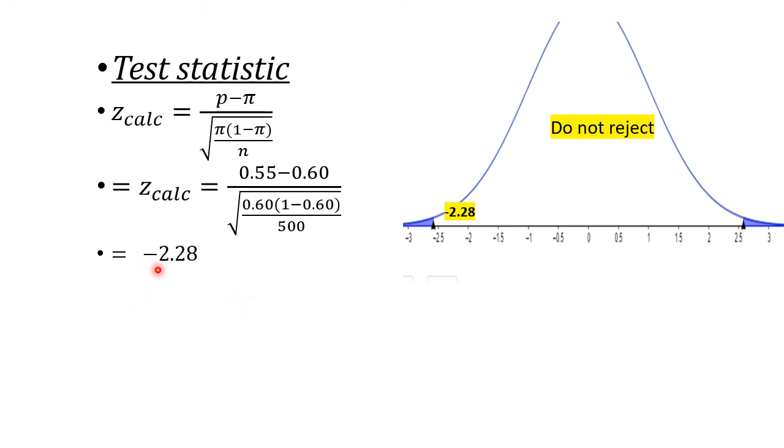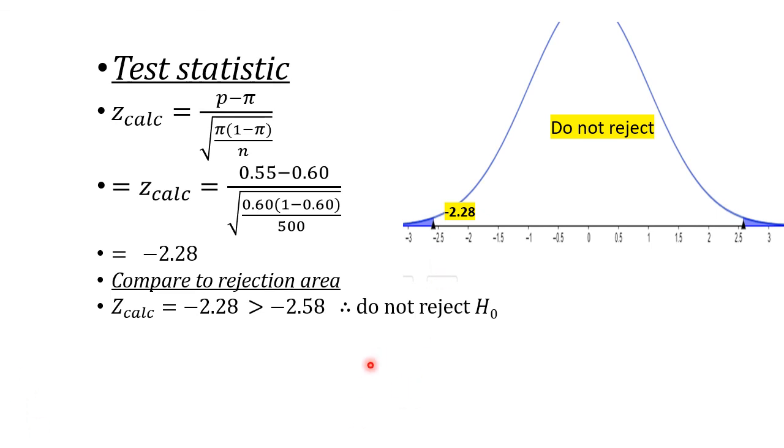We find minus 2.28. Remember, we are saying that we will reject H naught if it is less than minus 2.58, so we'll compare to the rejection area.